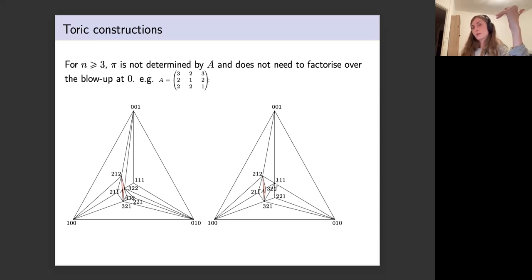This means that this map, which would be the identity map on the lattices, is not going to be a map of toric varieties. So in other words, there is no factorization over this. So this is not blown up over 0.